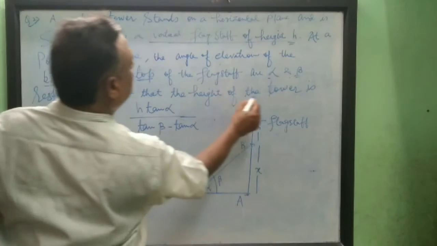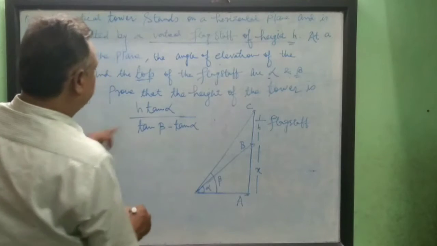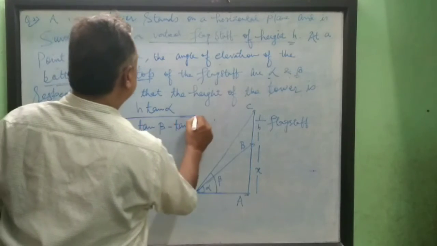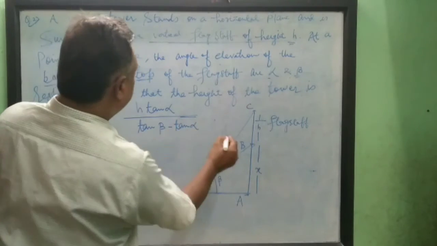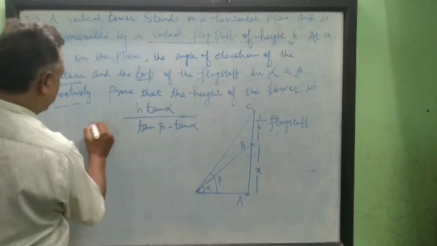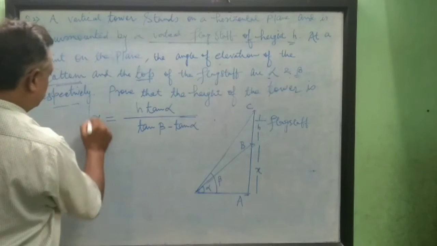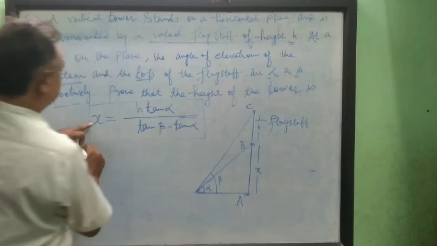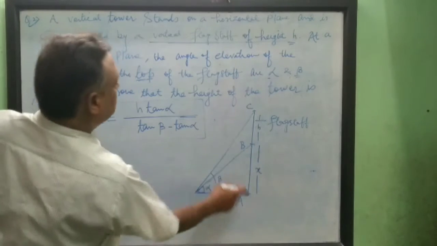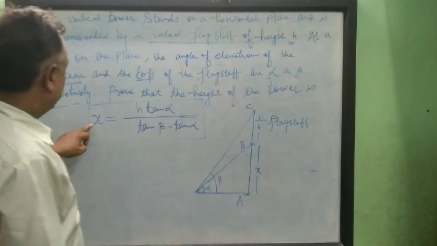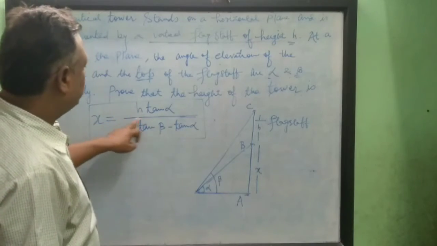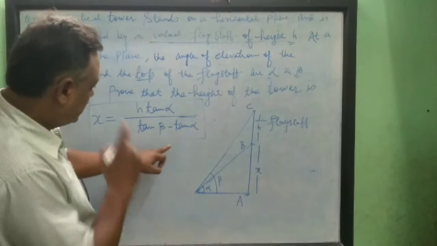Prove that the height of the tower is h tan alpha divided by (tan beta minus tan alpha). It means we have to prove x is equal to this much. x is the height of the tower.